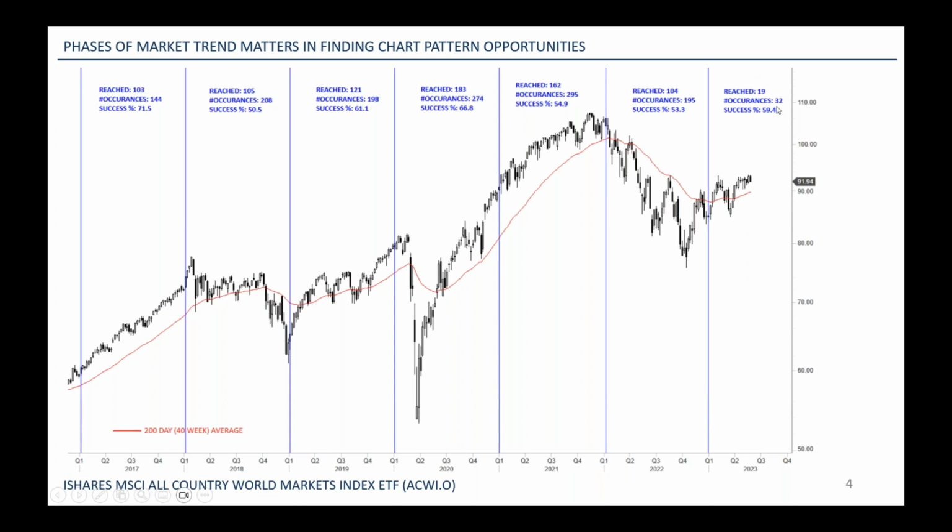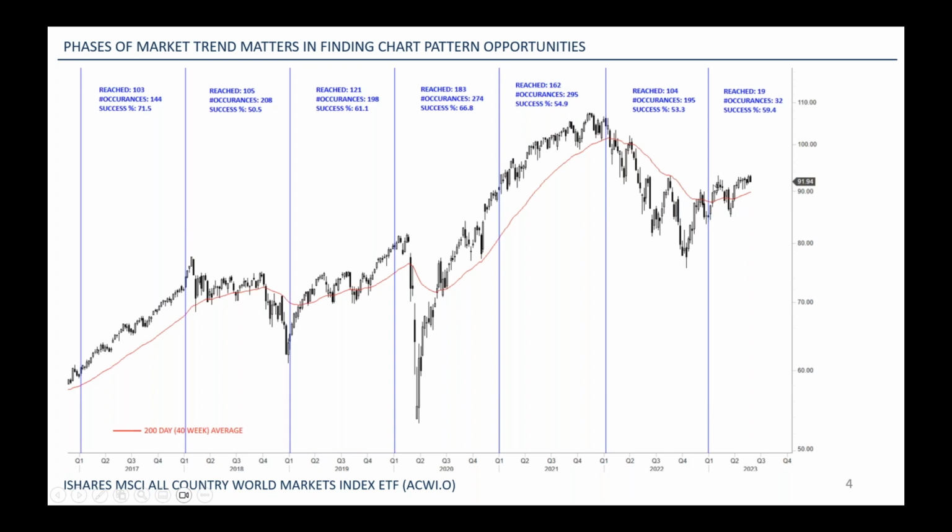Even though we don't have many completed chart patterns so far, out of 32, 19 reached their price target, giving us a 59.4% success rate so far. But I expect that if the choppy market environment continues, we will be somewhere around a 55 to 59% success rate, given the past performances that we have seen in such market conditions.